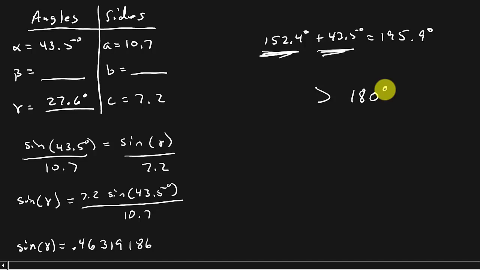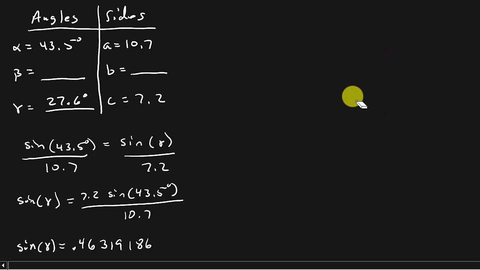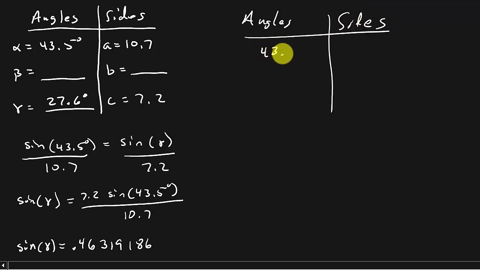And even if we did set up a second table, I've got the 43.5 degrees for alpha, and down here for gamma I got 152.4 degrees. Find beta 2.